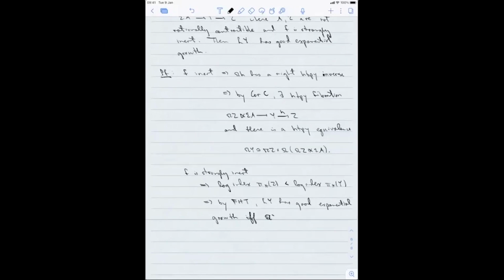And the fiber is loop Z half smash suspension A.